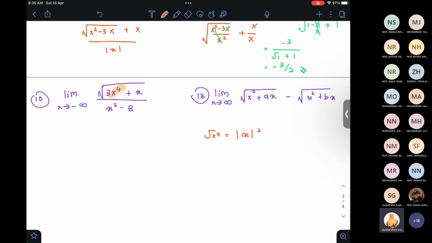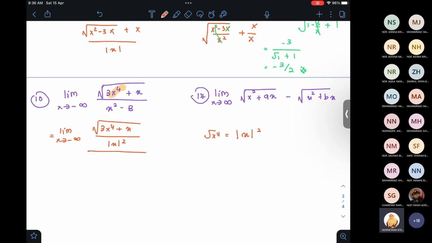Now that we have found the highest degree in our radical, the next step is to divide the denominator and the numerator with our modulus. So limit x tends to negative infinity, for the upper part, the square root of 3x to the power of 4 plus x, divided by modulus x to the power of 2.